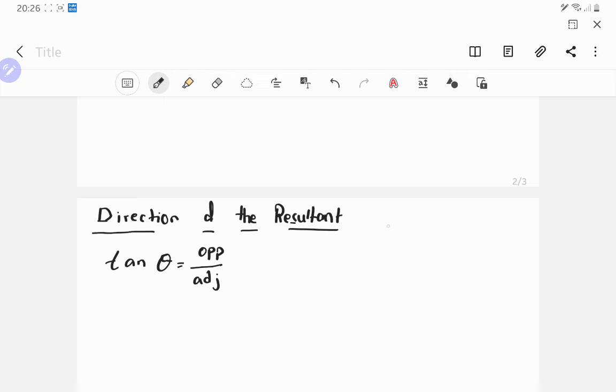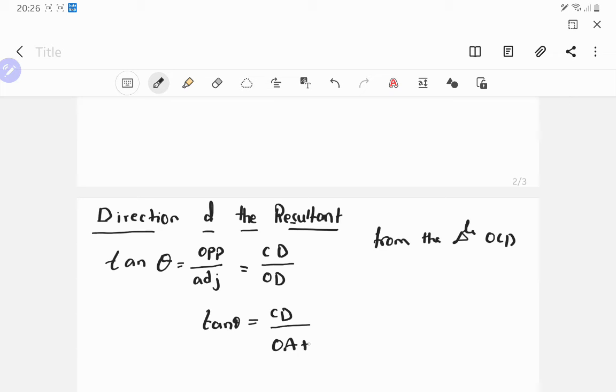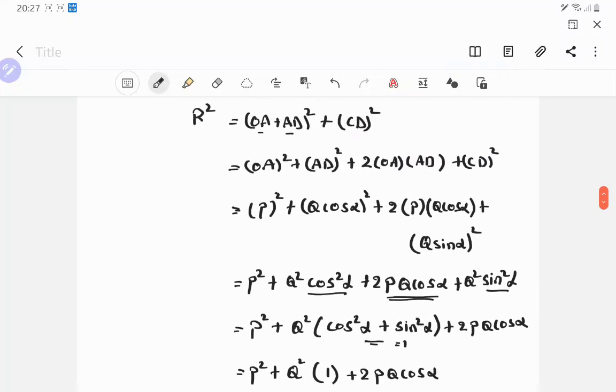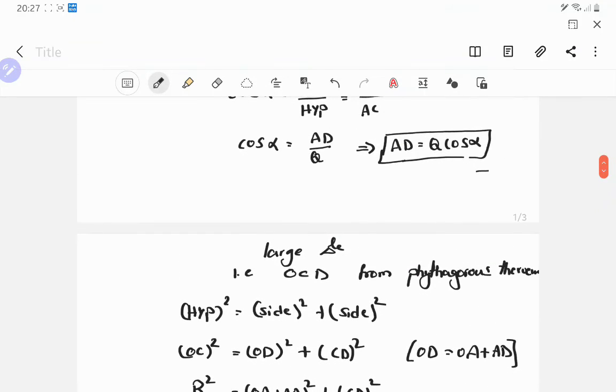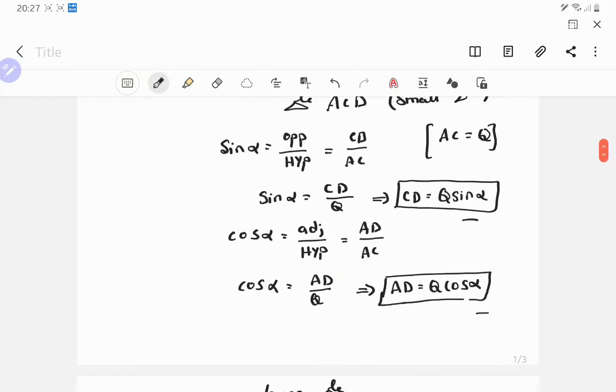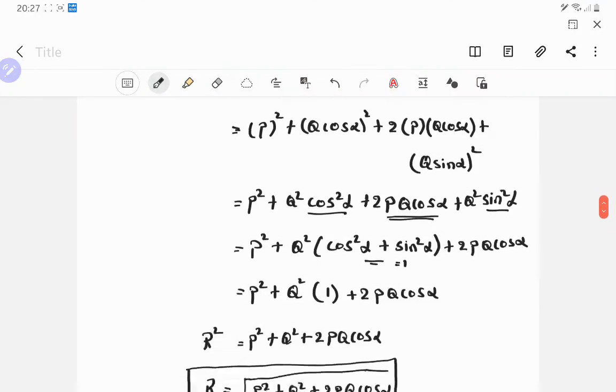Here, from the triangle OCD, the opposite side is CD by OD, so tan theta is equal to CD by OD, which can be written as OA plus AD, where CD is equal to Q sin alpha.